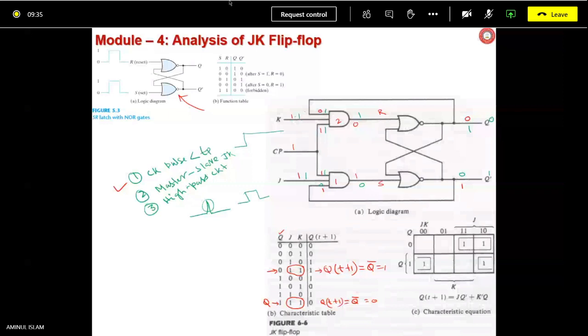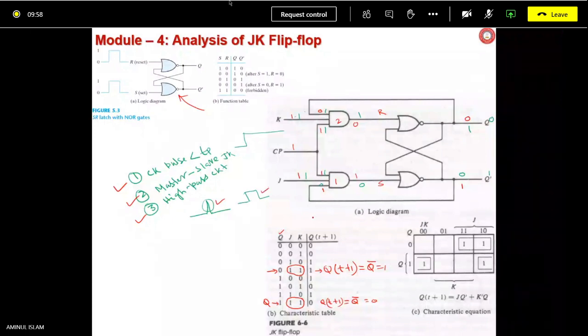And the second option is the master slave JK flip-flop, meaning two JK flip-flops connected in series, and that will be shown in the next slide. And the third one is a high pass filter circuit, to make the clock like this, instead of a square wave, a square pulse like this.